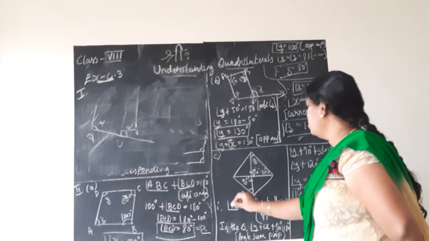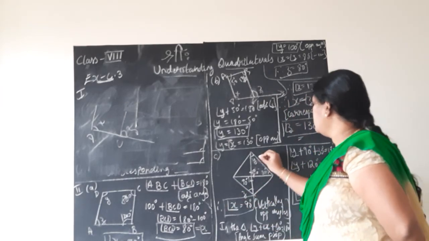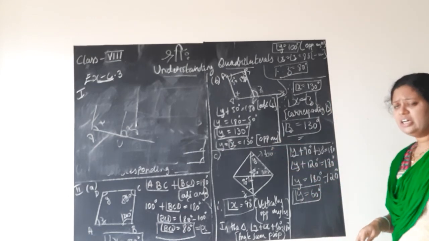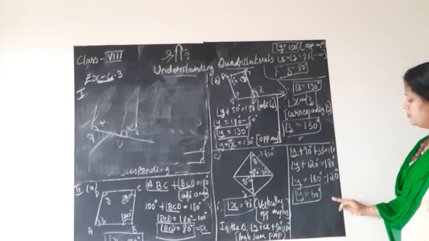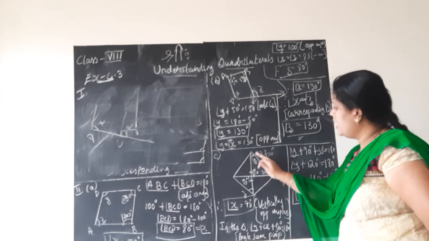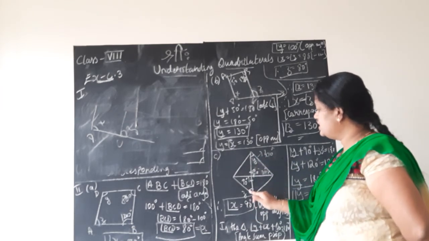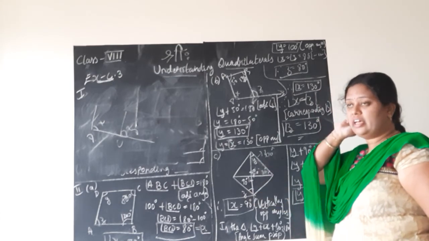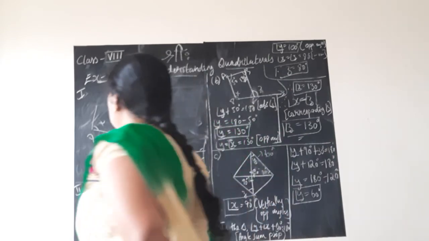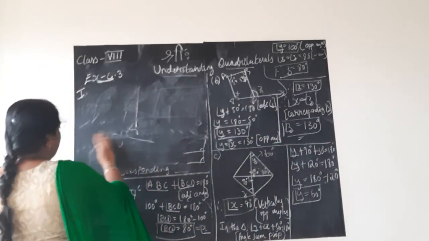So, we found out what is x and what is y. We got y to be 60 degree. Clear? Now, so we know two angles now. We found x, y, but z is here, children, in this triangle. What to do? Just now I explained to you the concept of alternate angles and corresponding angles.